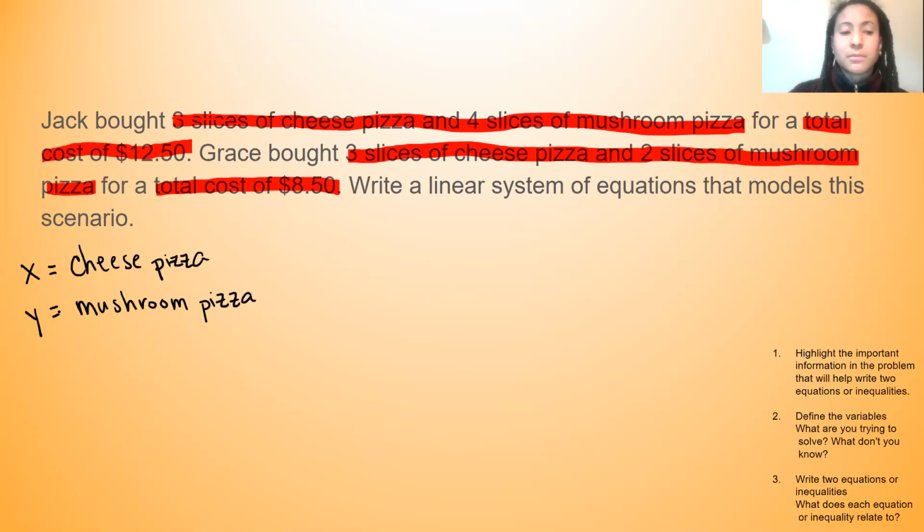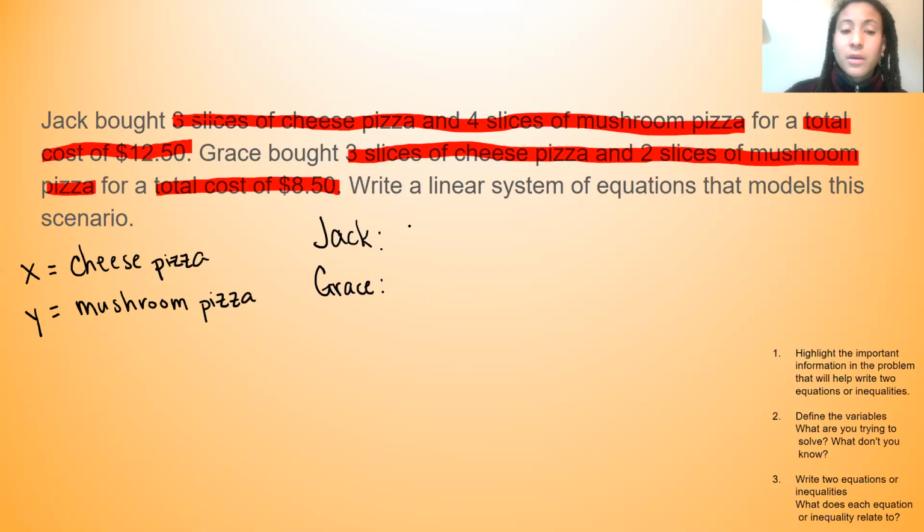Now, what are the two equations in the system representing? The first equation is going to represent Jack's purchase, and my second equation is going to represent Grace's purchase. Okay, so let's talk about Jack. Jack bought 3 slices of cheese and 4 slices of mushroom for a total of $12.50.